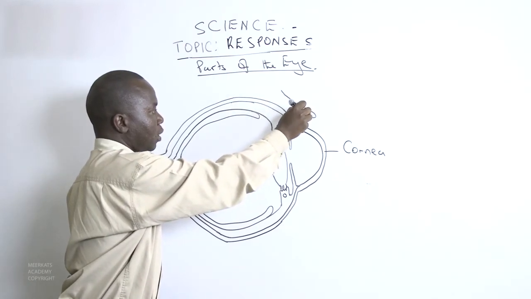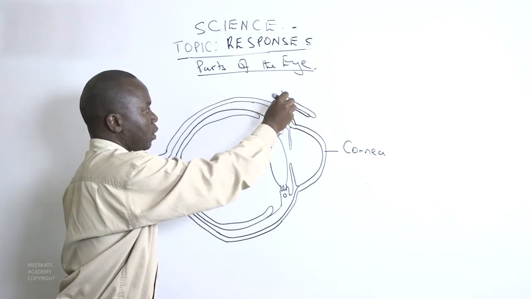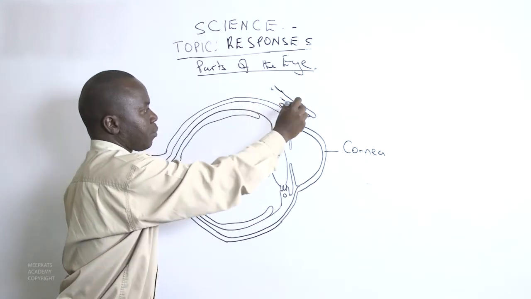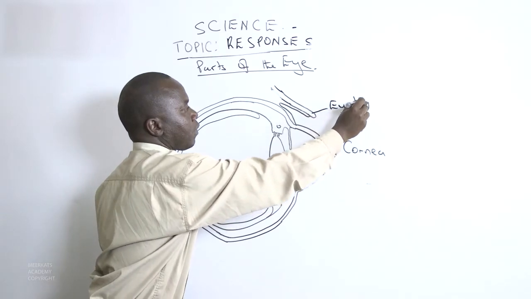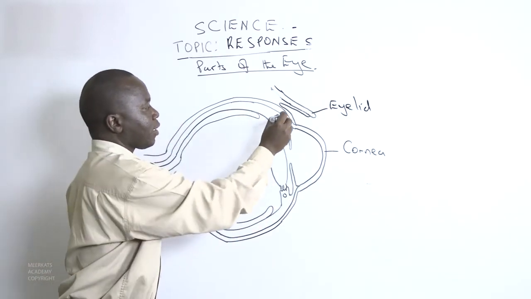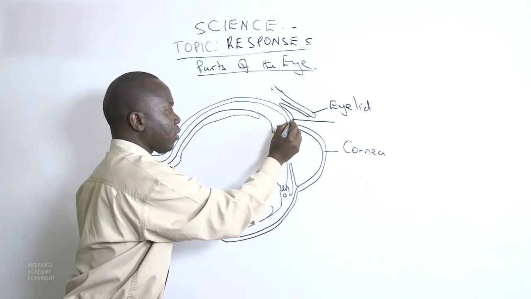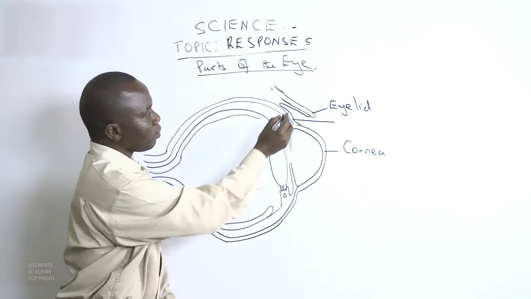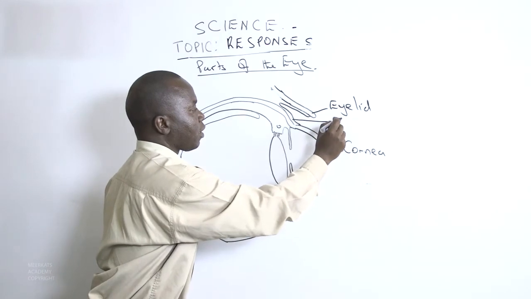But under this eyelid is a thin transparent membrane that does not cover the cornea, and it is called the conjunctiva.